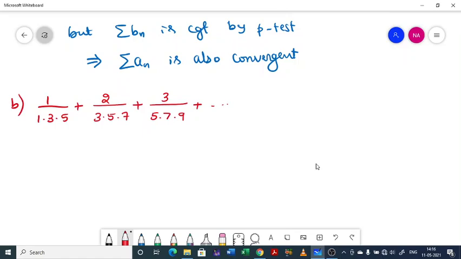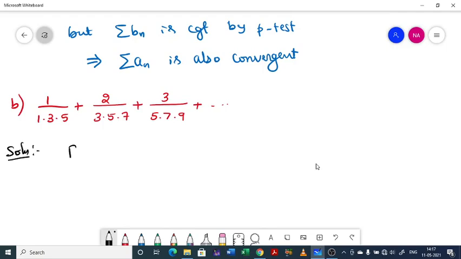So for this problem B, try to solve on your own. The general term you can find it as, okay, let us solve here only, solution.